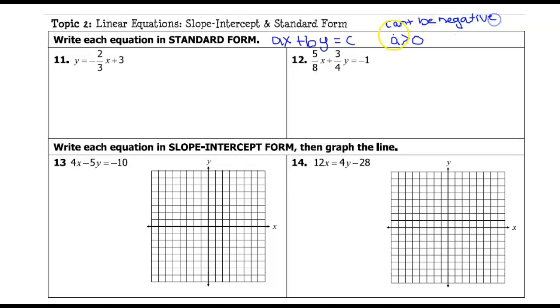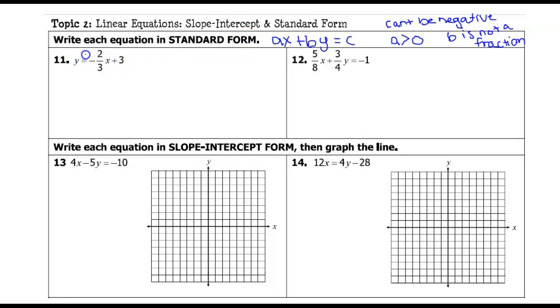And then I also have to remember that b can't be a fraction. So b is not a fraction. Okay, so we don't want any fractions. A has to be greater than 0, so a cannot be negative.